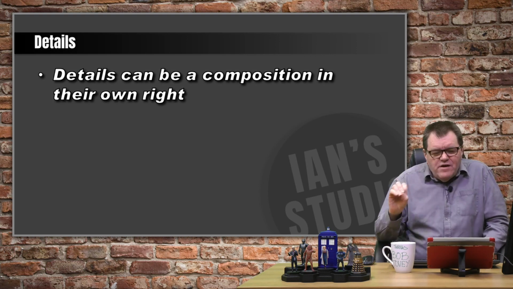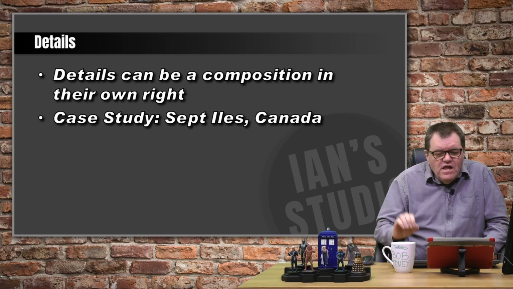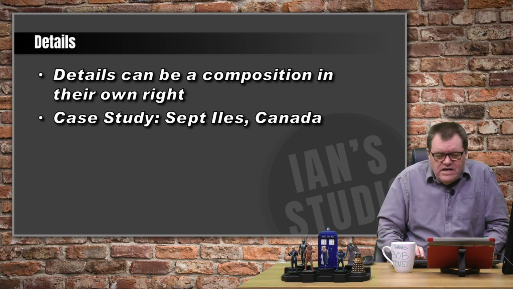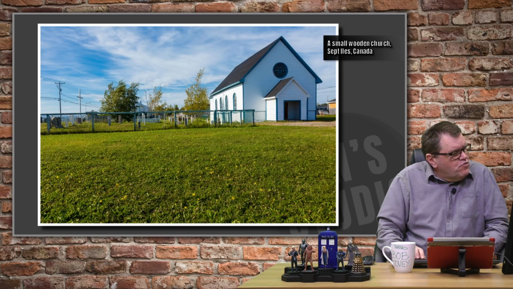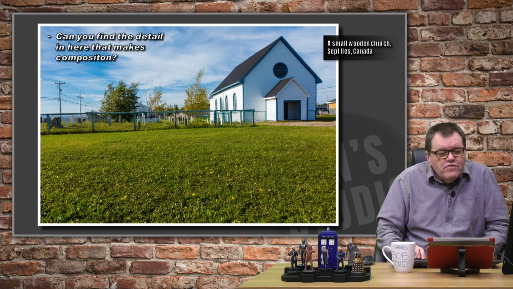The other thing to say about details is they can be a composition in their own right. So here's an example from a place called Sept-Îles in Canada. Here's the full scene on there. I wonder if you can work out or spot what the detail is in the shot.